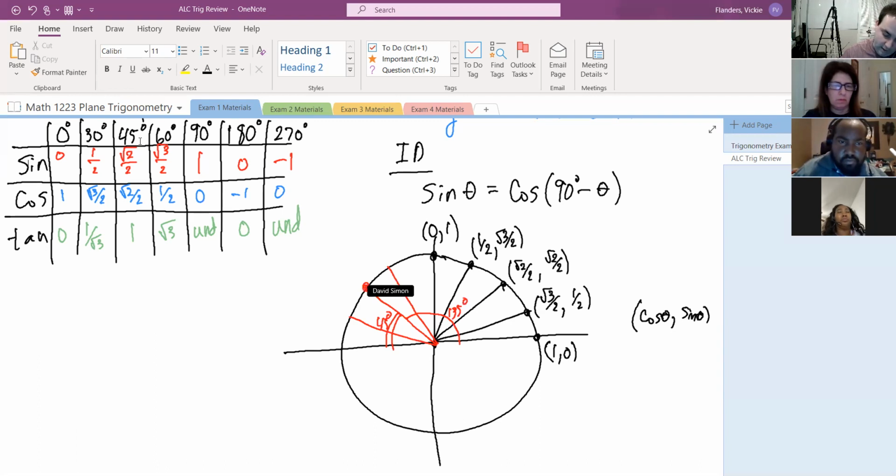And the point of that one is going to be negative square root of 2 over 2 comma square root of 2 over 2. And that's because it's symmetric across the circle with the point straight across from it. So in other words, it's symmetric with this point right here.